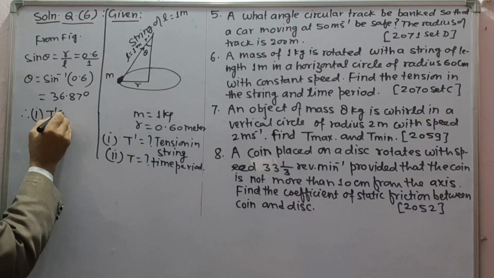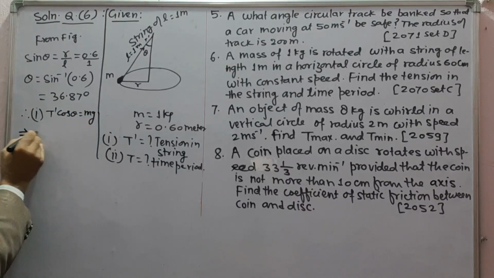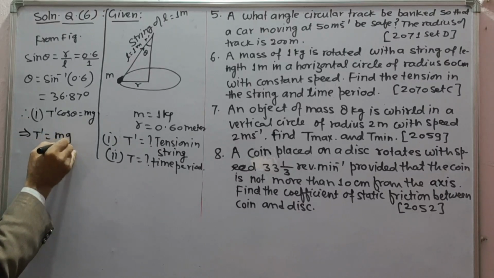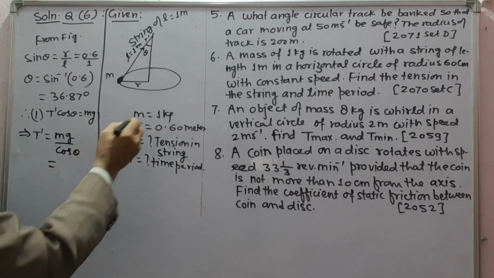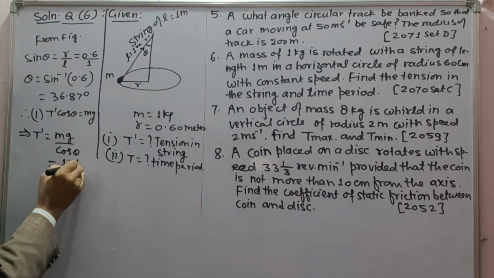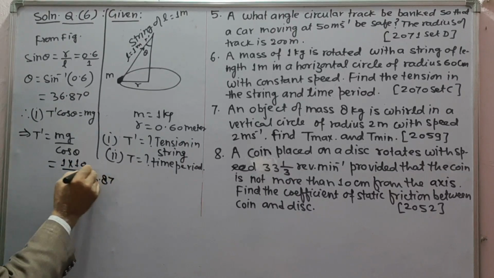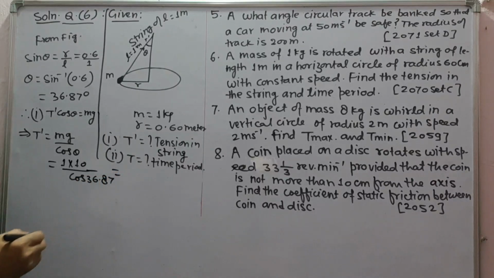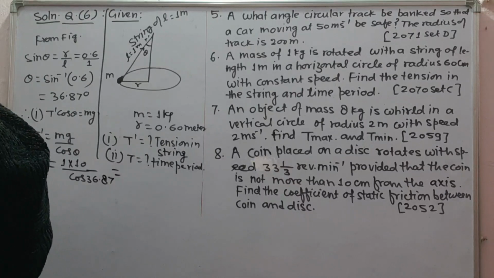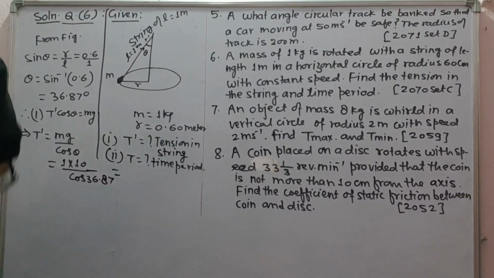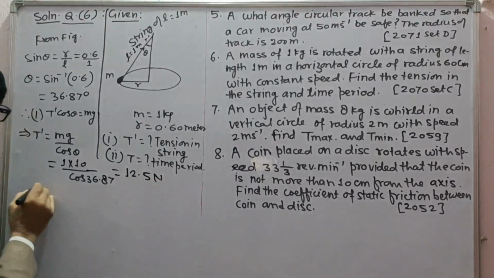So T dash cos theta is equal to mg, which gives tension T dash as mg upon cos theta. m is 1 kg into 10 upon cos 36.87, which gives tension T dash as 12.5 Newton.